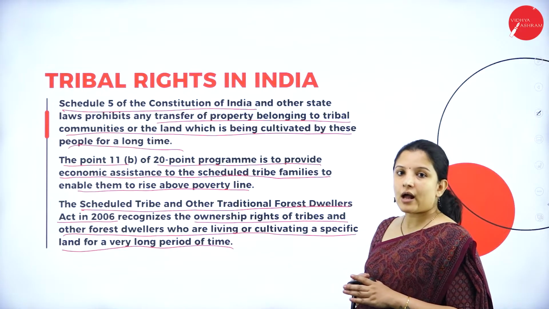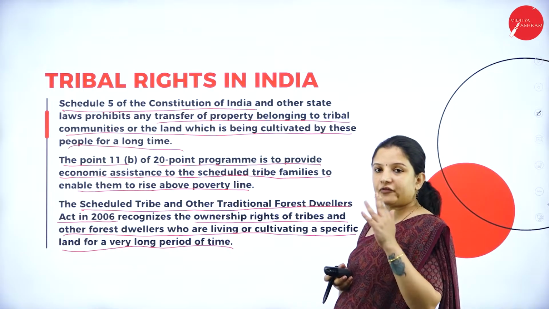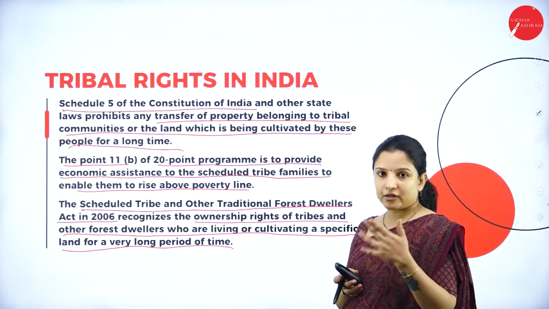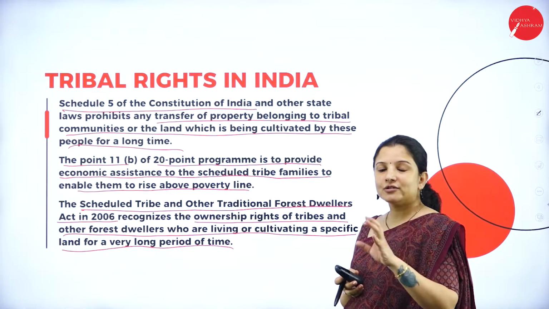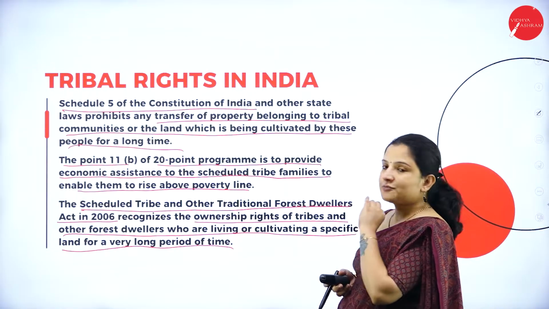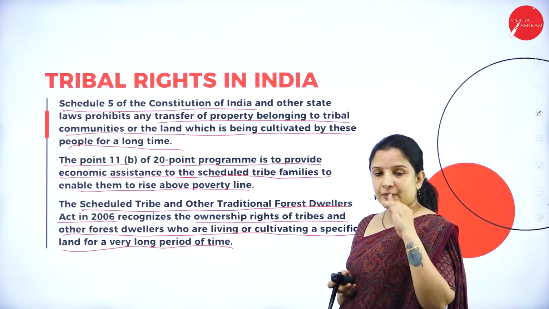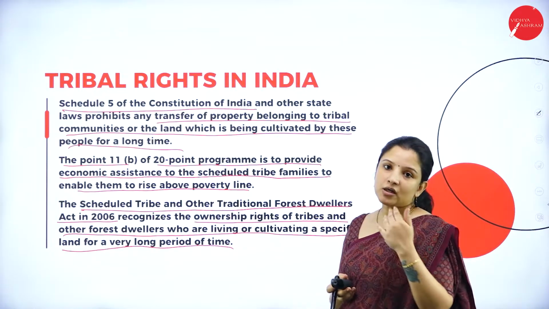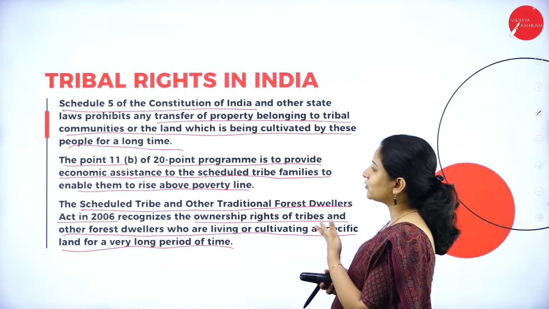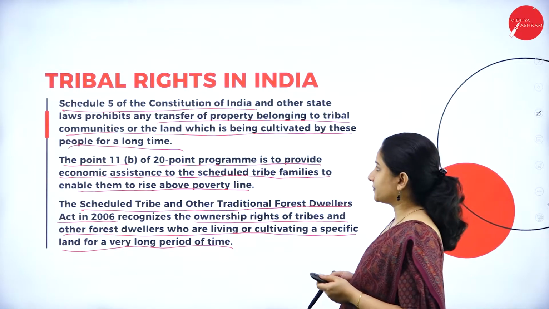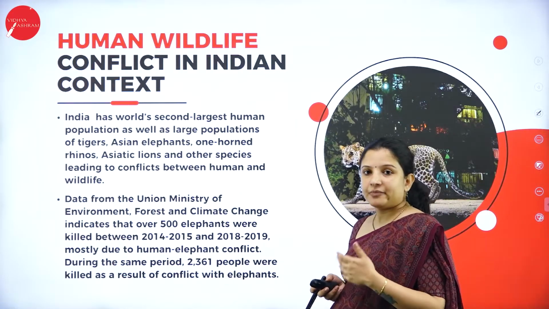So for those who have been depending on a specific piece of land or owning a property since a long period of time, separate rules and regulations have been framed so that these properties do not go from these tribal people into the wrong hands because of exploitation. So that act was nothing but the Scheduled Tribe and Other Traditional Forest Dwellers Act. So this was about the tribal rights.